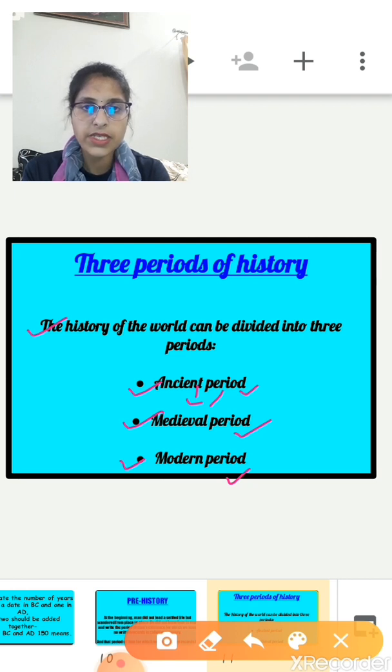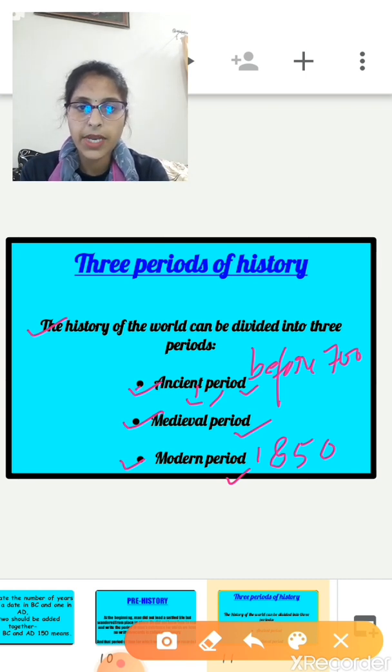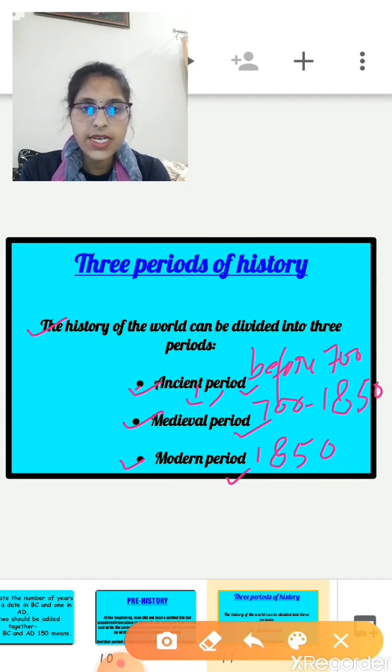The modern period is considered from 1850 onward. That means the period before 700 is referred to as the ancient period, the period between 700 and 1850 is considered the medieval period, and the modern period is considered from 1850 onward.